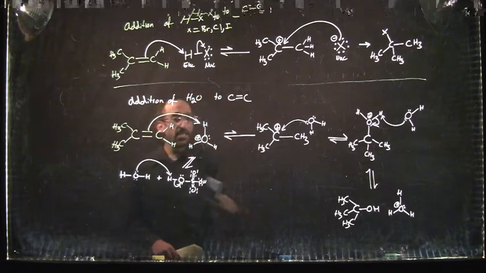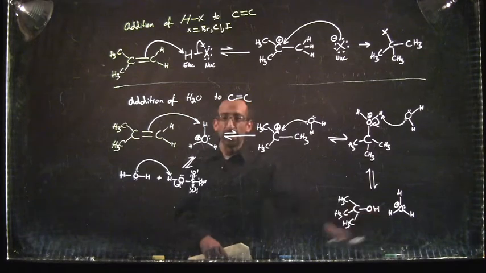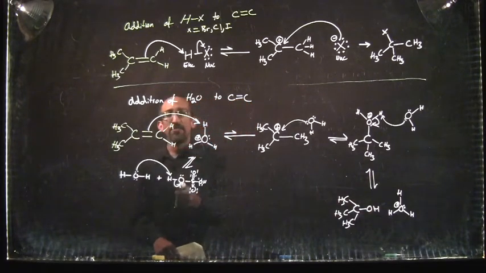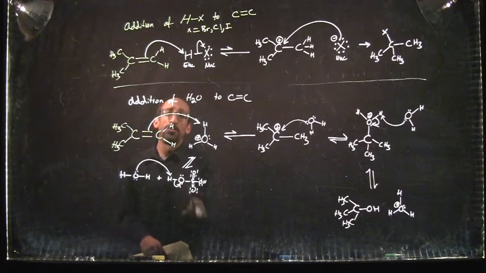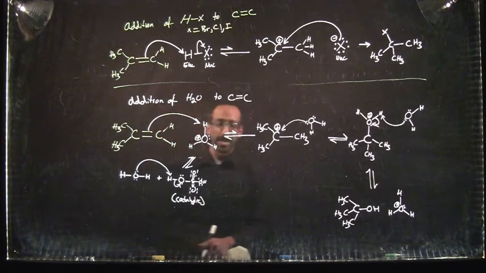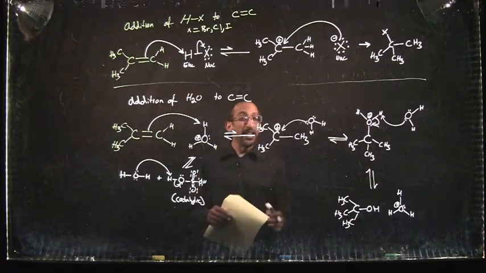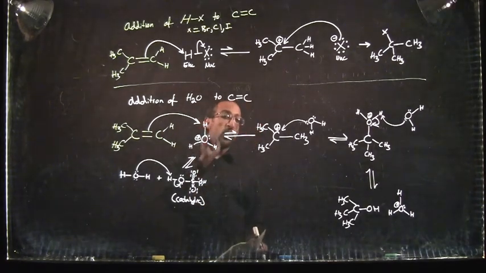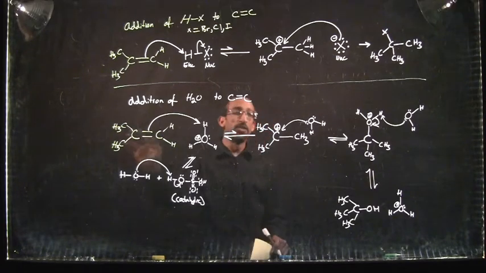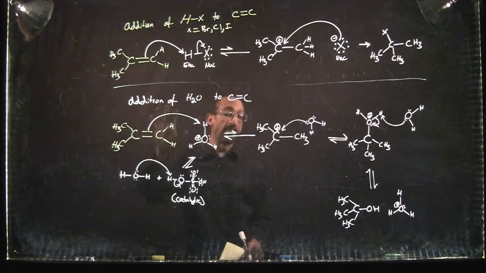What this means, since we're generating H3O plus at the end of every reaction, is we only need a very, very small amount of sulfuric acid to do this. In fact, we say that we only use a catalytic amount of sulfuric acid. In theory, all I need is literally one molecule of sulfuric acid, and I can do this reaction on a mole of our alkene, right?